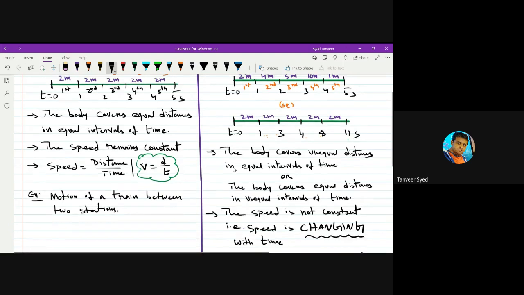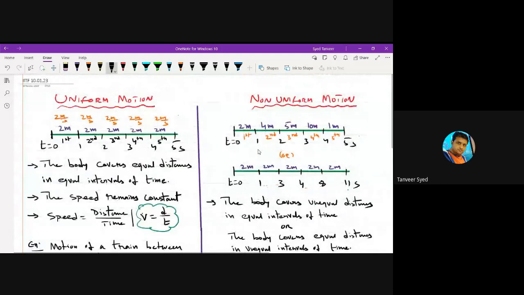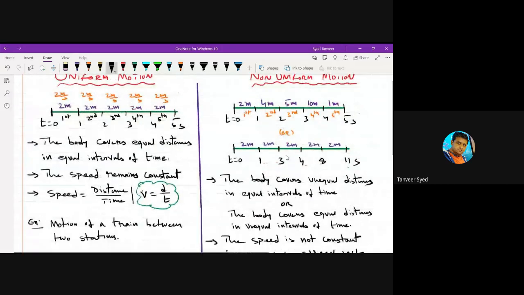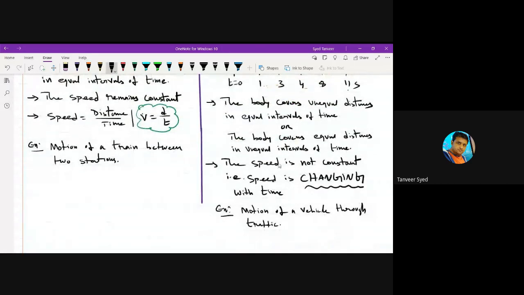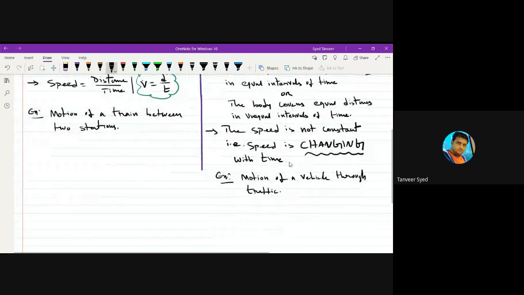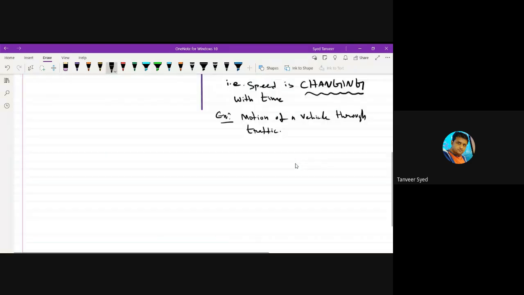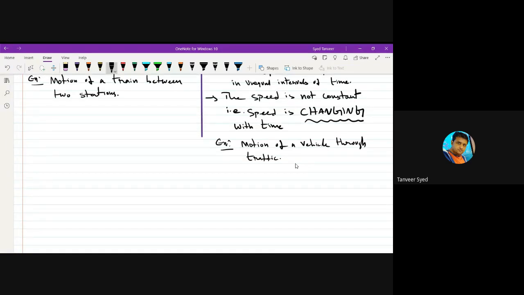Okay. In that situation, to study the motion of a body which is in non-uniform motion, we get another new parameter to describe its motion, which is acceleration.